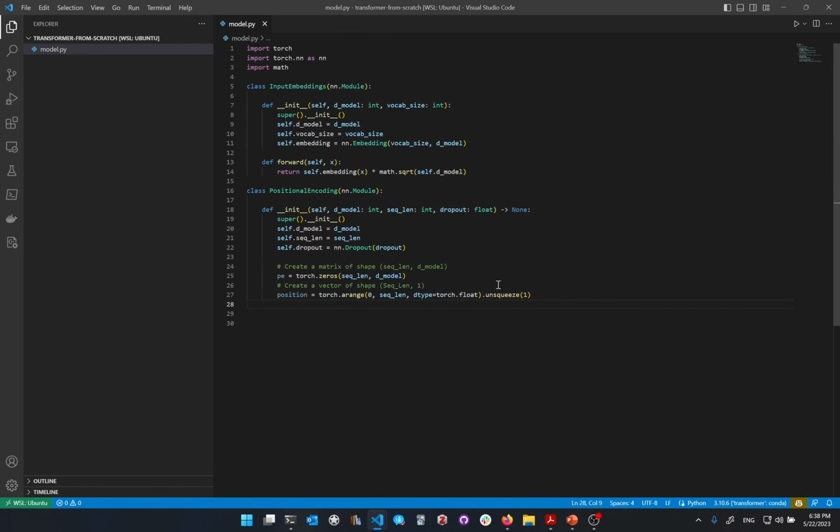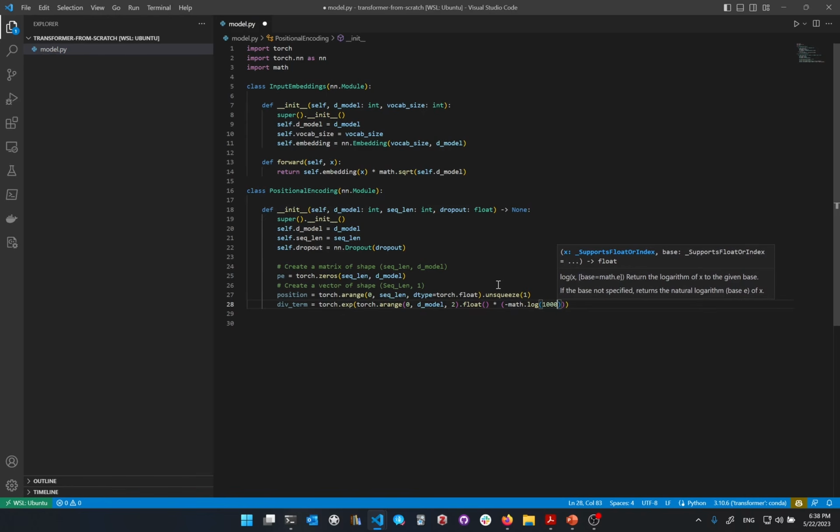Okay, now we create the denominator of the formula. And these are the 2 terms we see inside the formula.